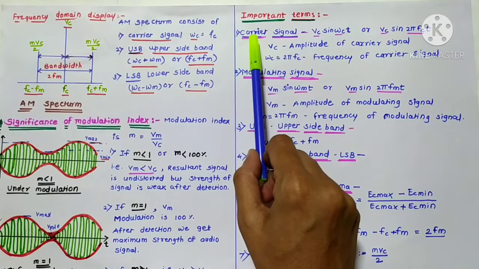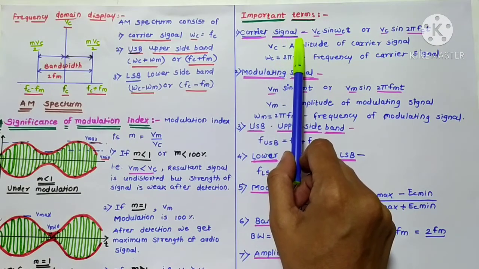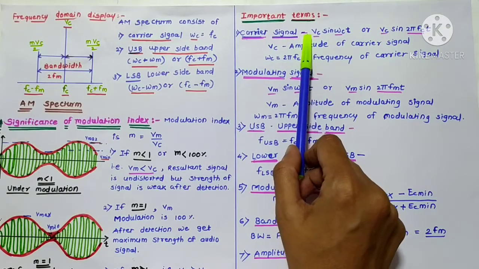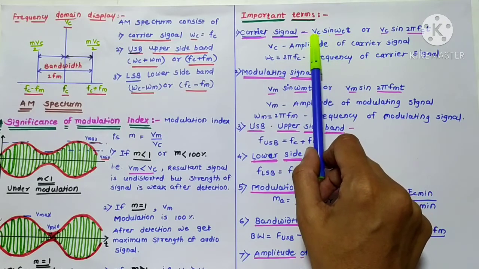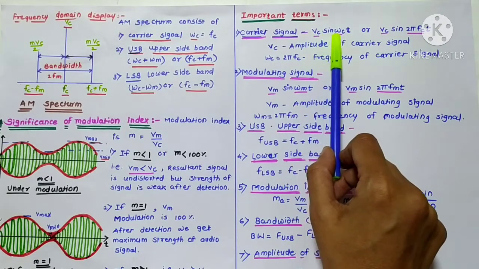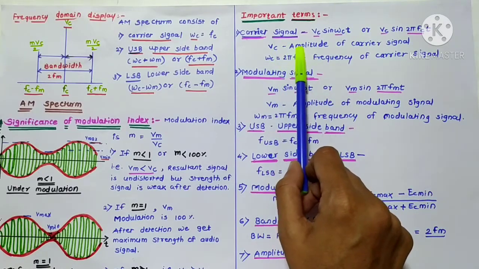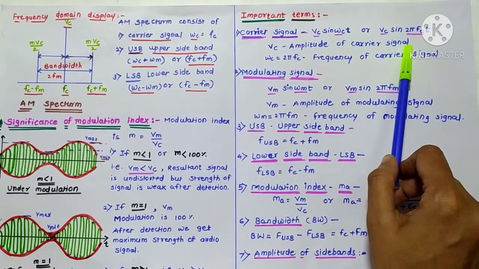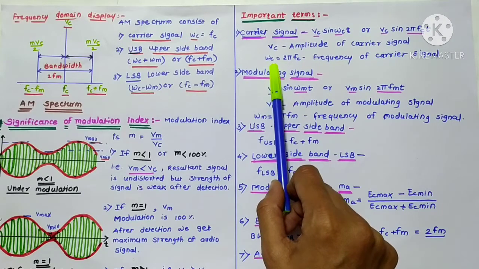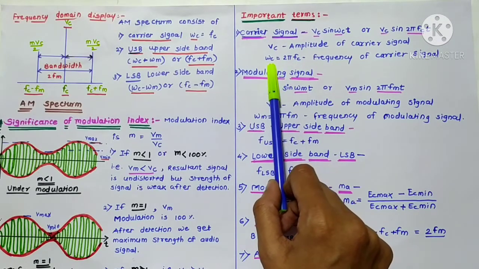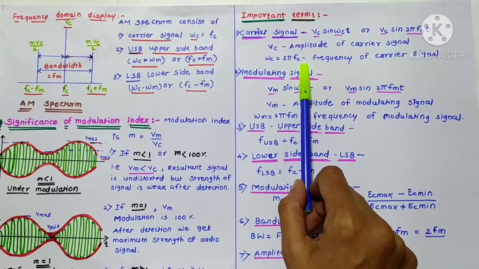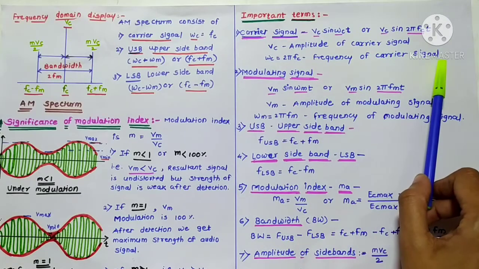First, carrier signal. As all of you know, the electromagnetic wave equation is given by Vc sin omega c t. Here Vc is the amplitude of the carrier signal, while omega c we replace with 2 pi fc. This is the frequency of the carrier signal.